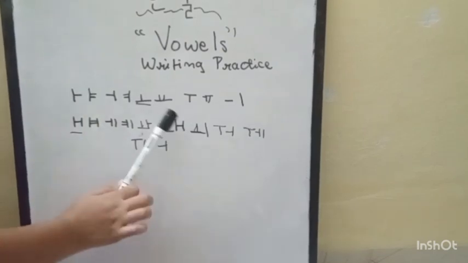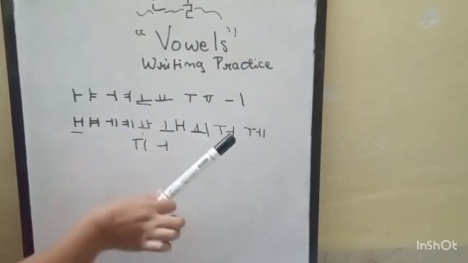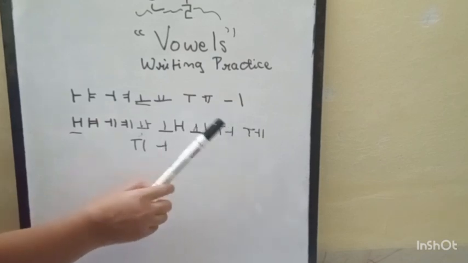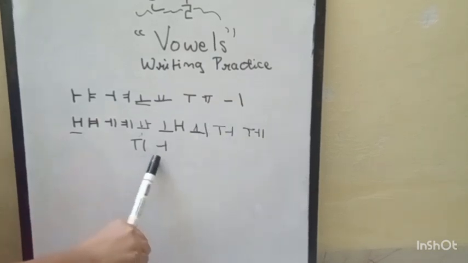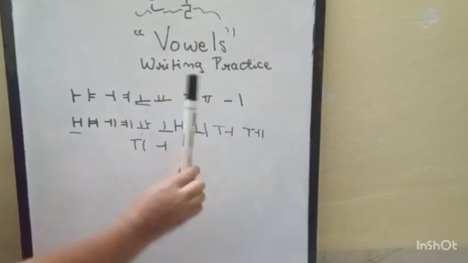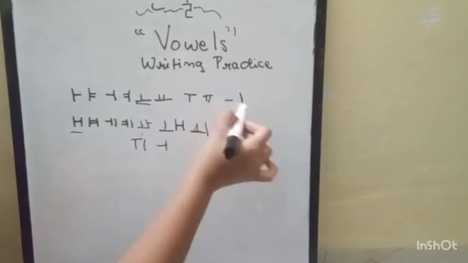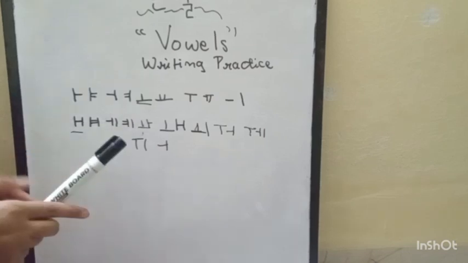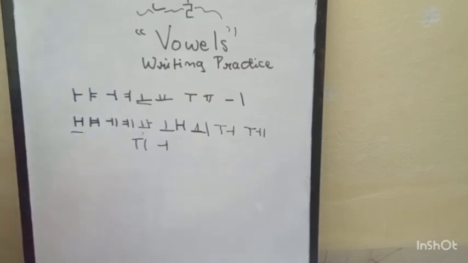So combining all three of these, we found we. Now we is just a simple combination of u and e. It's a combination of u and e. So I think that's kind of sensible. And e. So we are also done with vowel writing practice. So let's go.